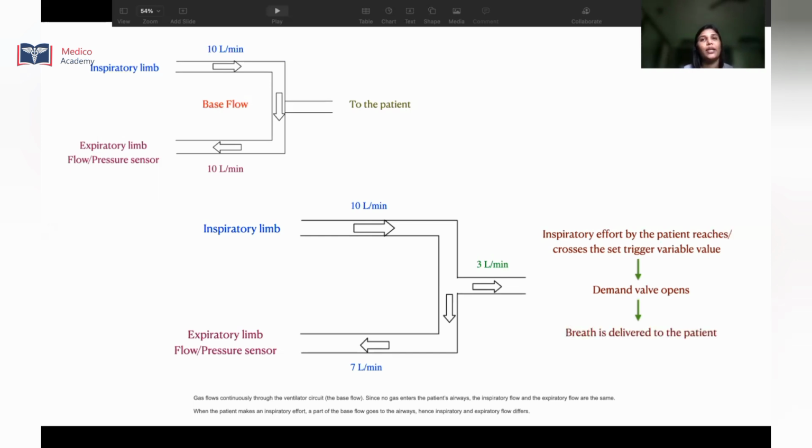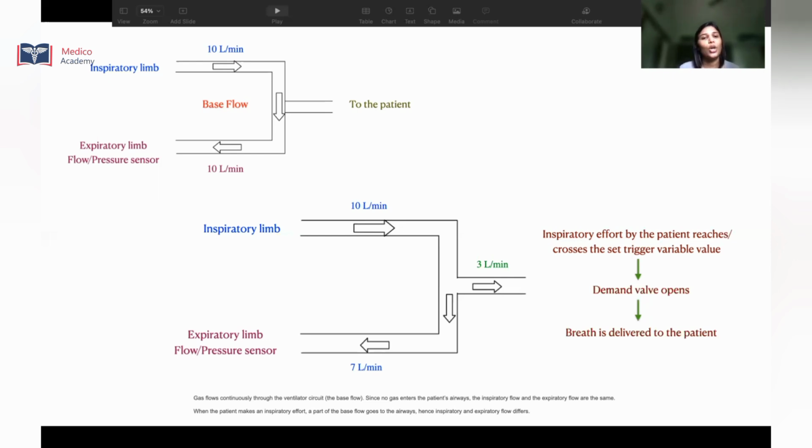Suppose you have set a trigger value of 3 liters per minute. When the patient takes a small breath, hardly 1 or 2 liters per minute, the ventilator is not going to give any breath. But when the patient makes an effort good enough to create a flow of 3 liters per minute or more, then the valve opens and a mechanical breath is delivered.